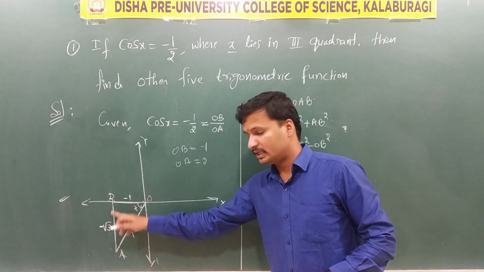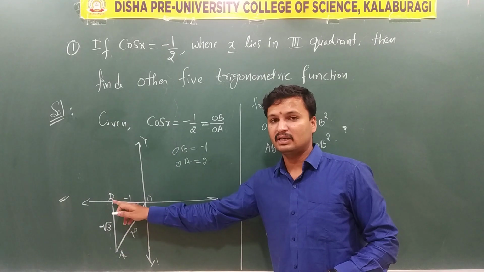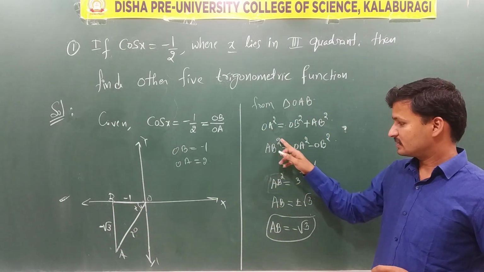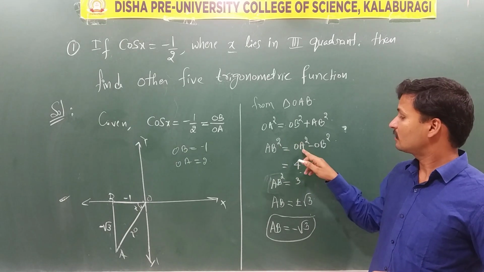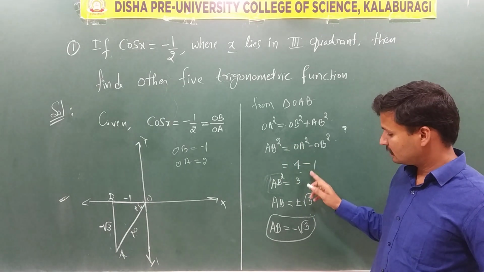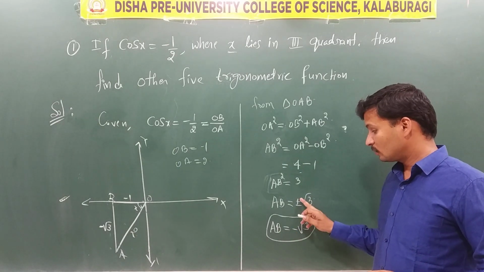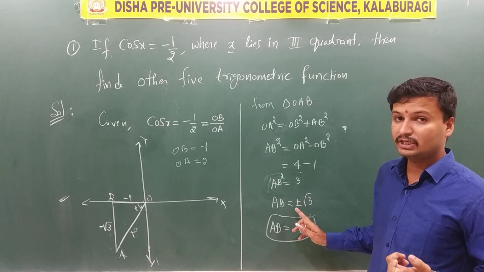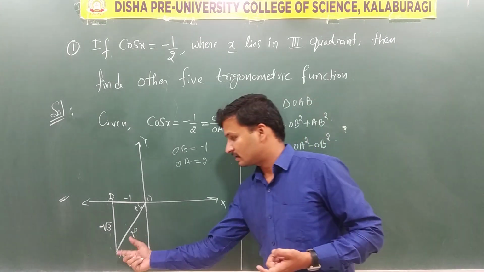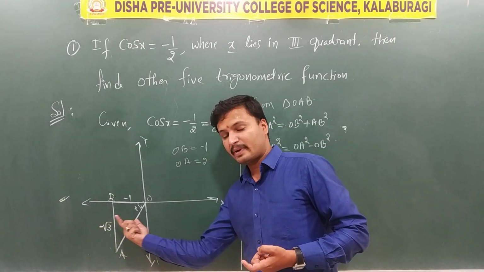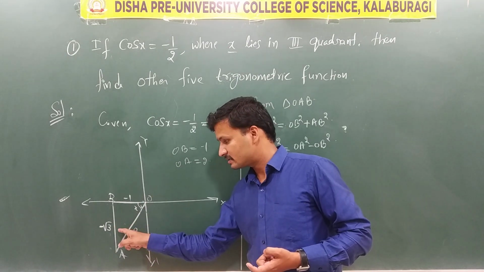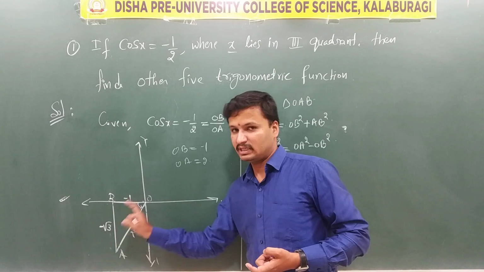Then again we need to find the length AB by using the Pythagoras theorem, AB square is equal to OA square minus OB square. Substitute and you will get AB equal to plus or minus root 3. Whether we take plus root 3 or minus root 3 depends on AB being parallel to the negative y-axis, so definitely this is minus root 3.